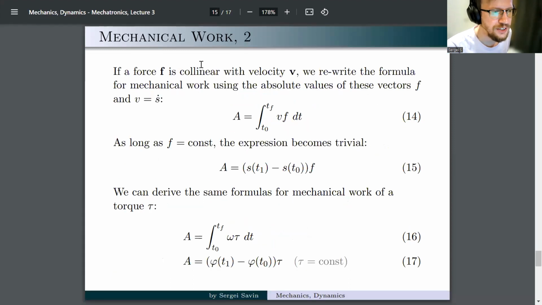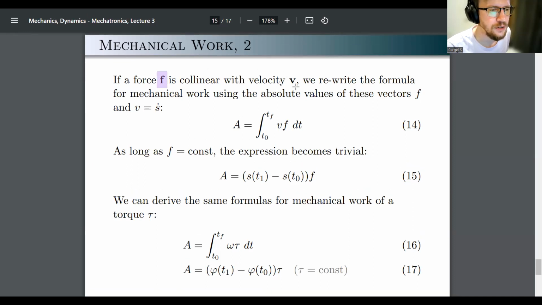Now, in the 2D case, all of this is a little bit simpler. So let's assume that F and V are collinear, so they point in the same direction. In this case, we have this expression, where we can even define velocity as the derivative of a position, right?